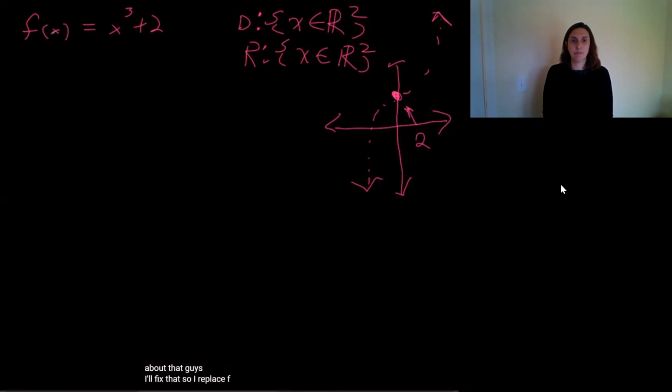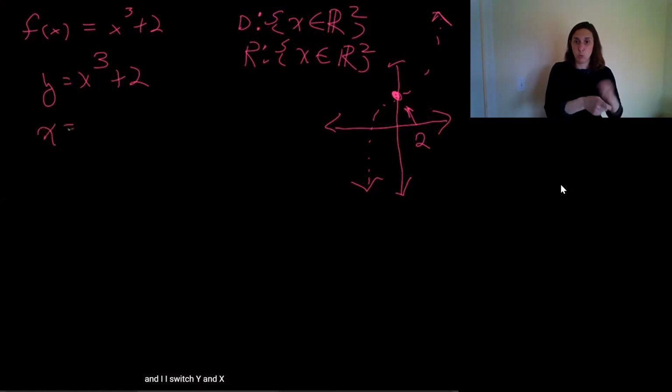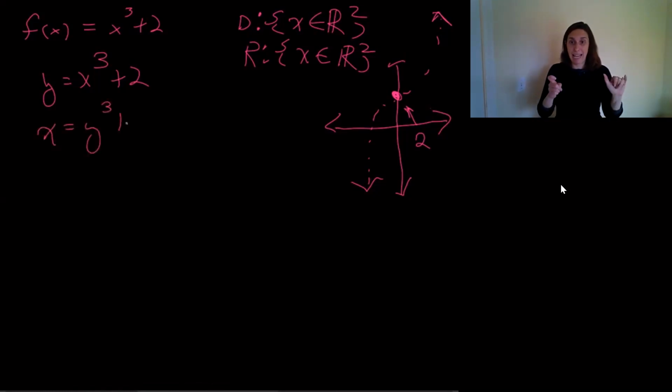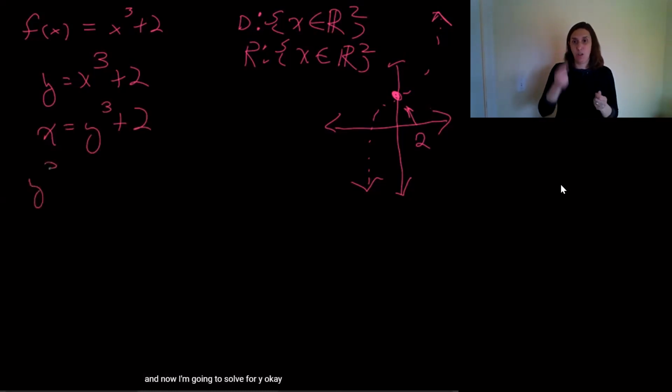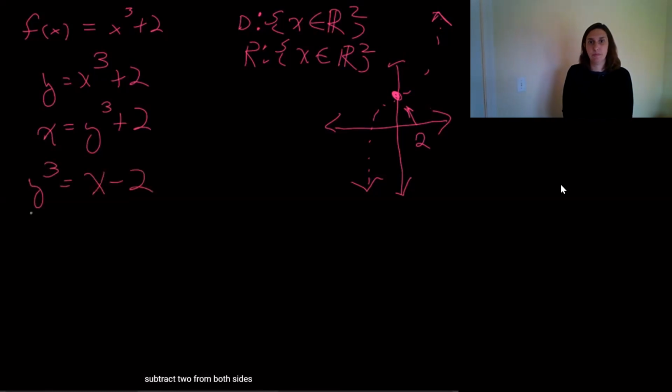So I replace f of x with y. And I switch y and x. And now I'm going to solve for y. All right, subtract 2 from both sides. I'll switch them around.